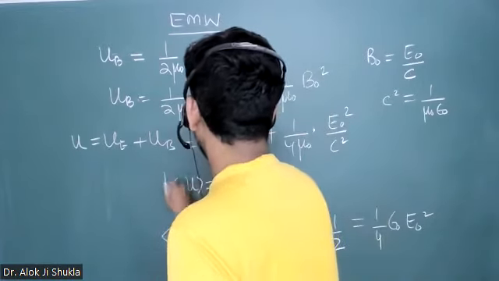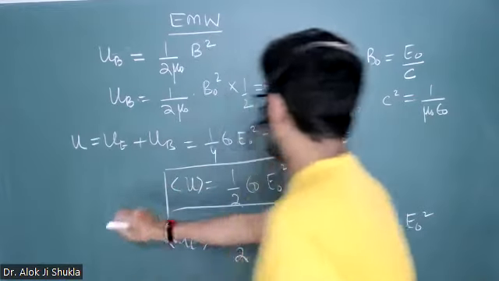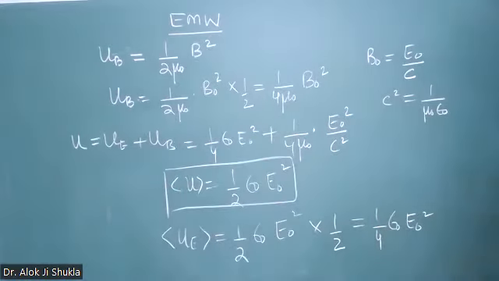If you want the average value, this is the answer for an electromagnetic wave propagating in vacuum. So this is that part of energy. We had divided the power into two parts, if you remember. One part was electrostatics and magnetostatics, and the other part was that leaking out in the form of the Poynting vector. So this is the first part.